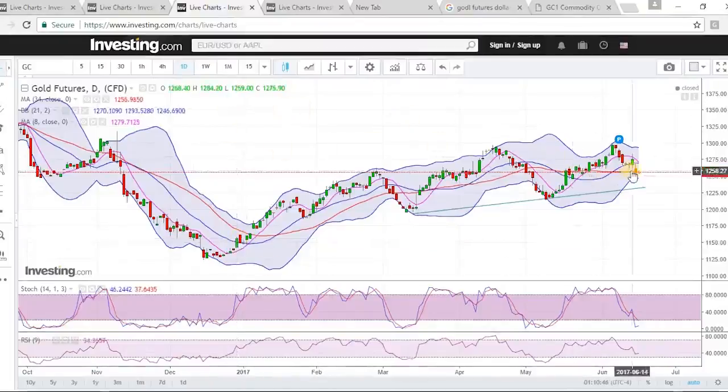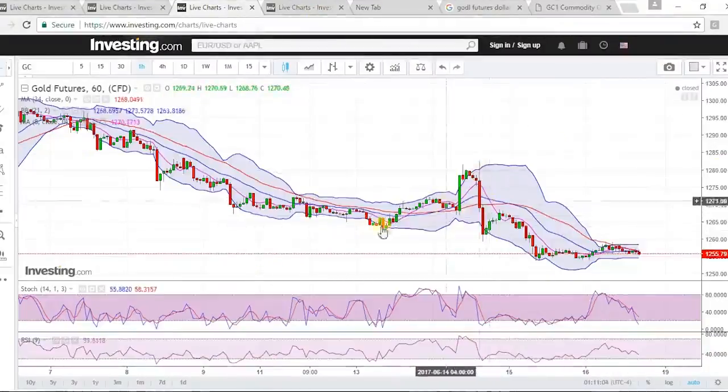Now what we can see again is that it was a downtrend, right? So the first 2 days the candles were very small, and then there was a small up move, and then let us go to the hourly chart. In the hourly chart we can see that again there were small candles.